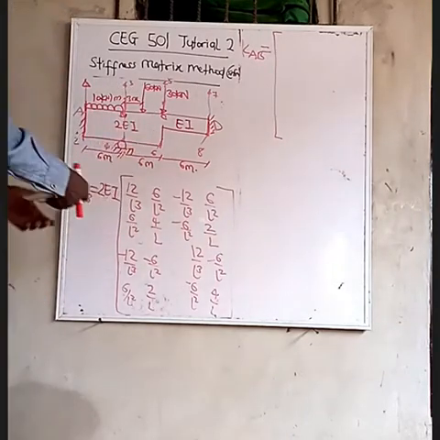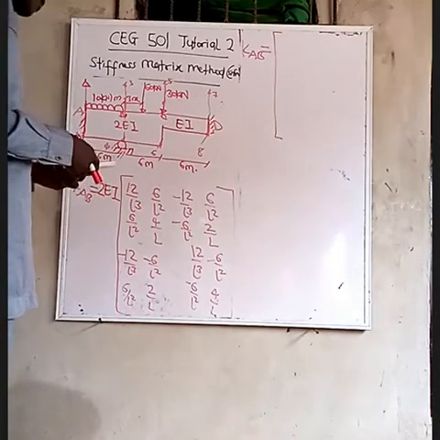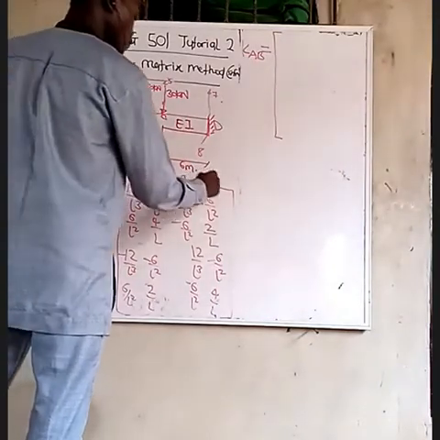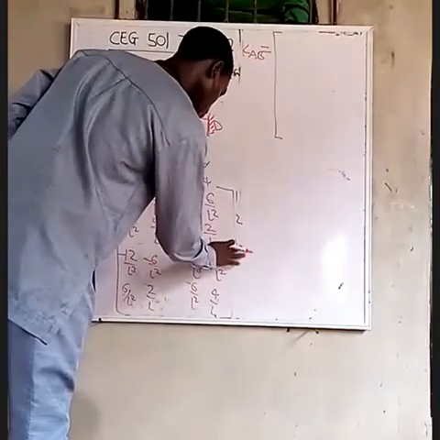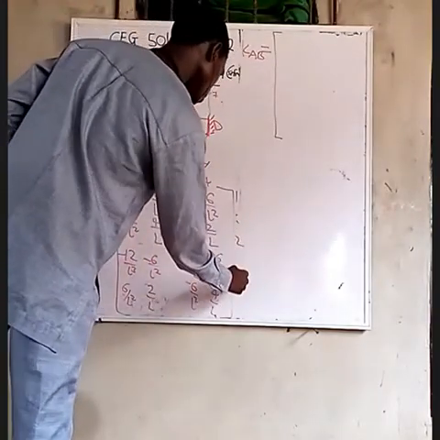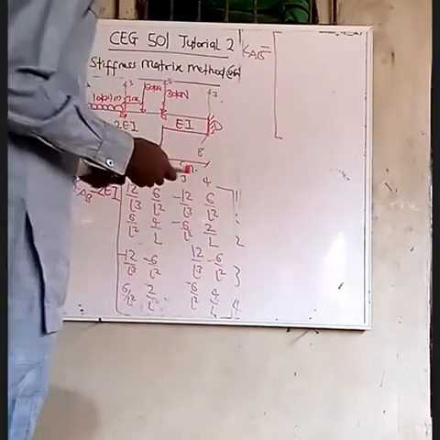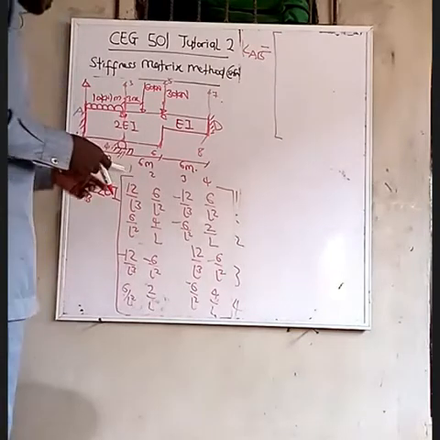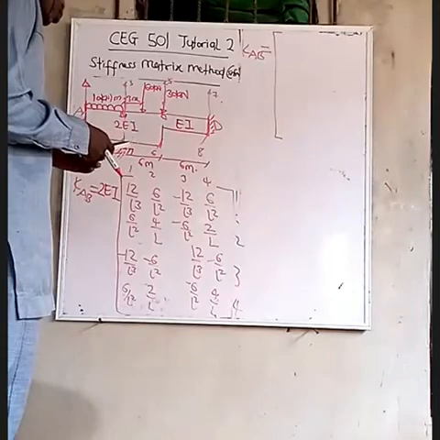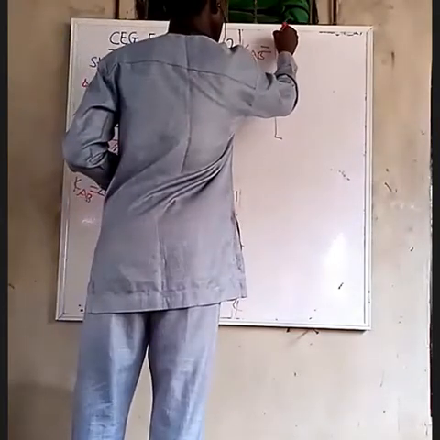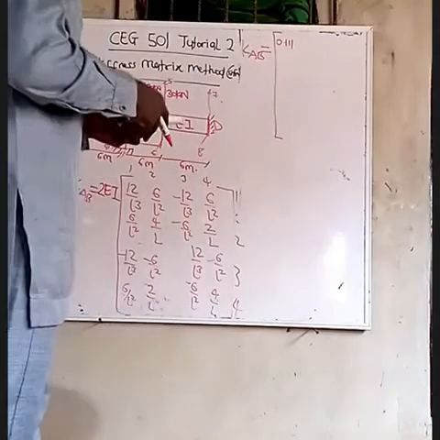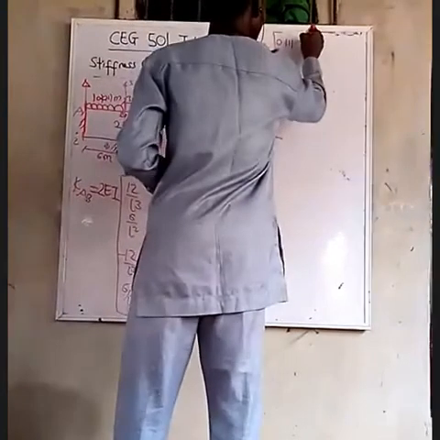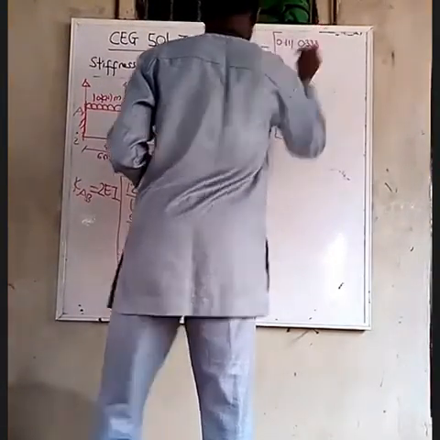Don't forget, you can just put the 2 inside, but so that we'll not be wasting time, get all these things and multiply it by 2. 12 divided by L, L is 6. 6 cubed times 2. 0.111. 6 divided by 6 squared times 2.